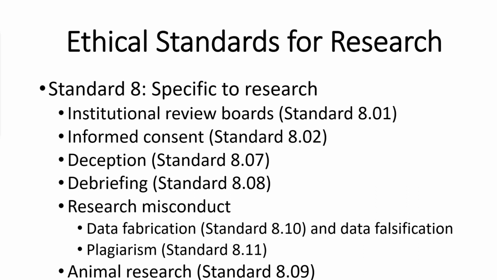So if you violate any of these standards and the review board pulls your approval, you're basically done. And so this gives this review board some teeth to actually enforce these rules and to have real consequences for researchers who don't follow those rules.